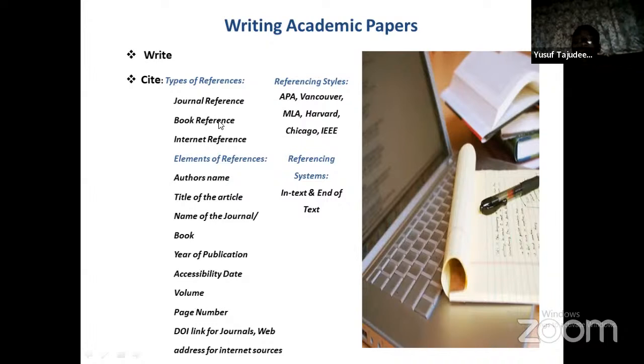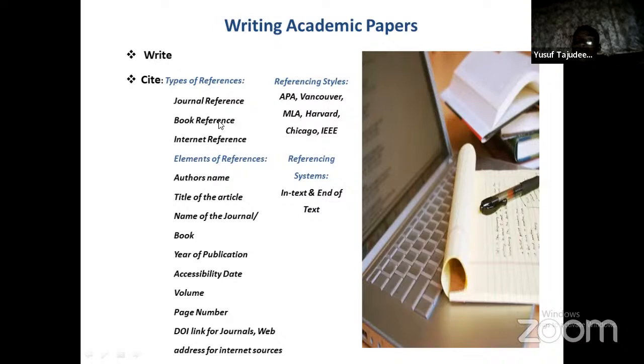We have Vancouver, MLA, Harvard style, Chicago style, and IEEE. Depending on the journal requirement, the kind of referencing style that the journal you are submitting your paper to or your supervisor is requesting, that is what you are going to format your paper to.